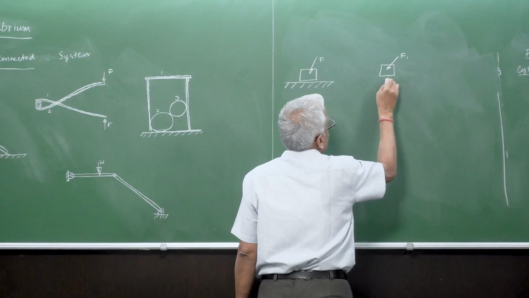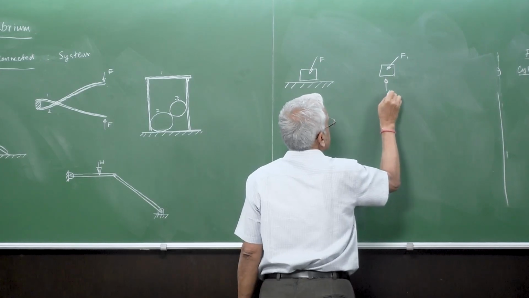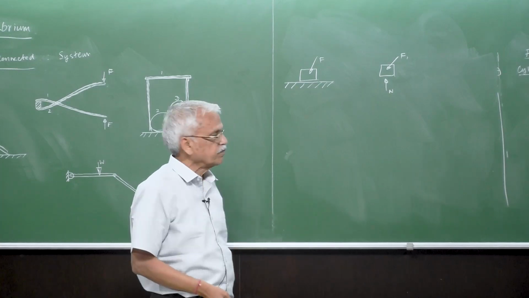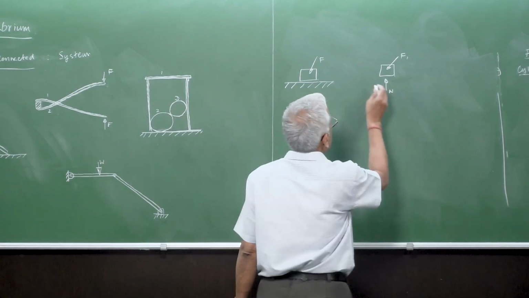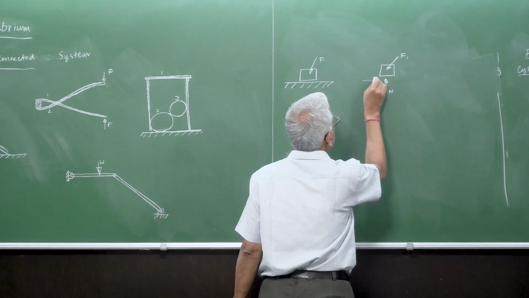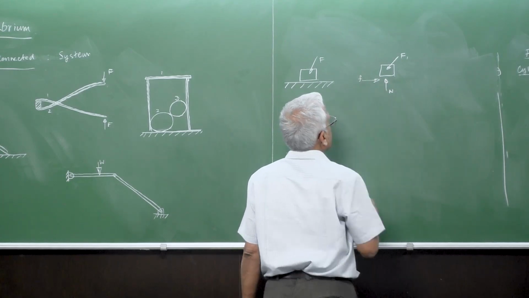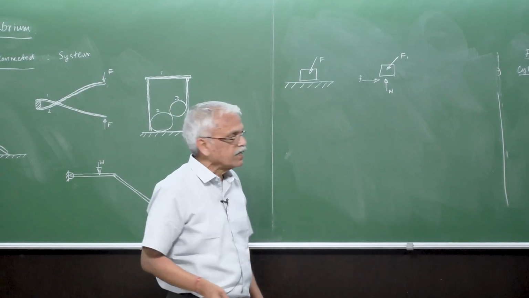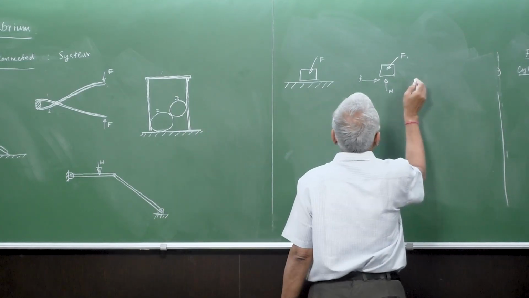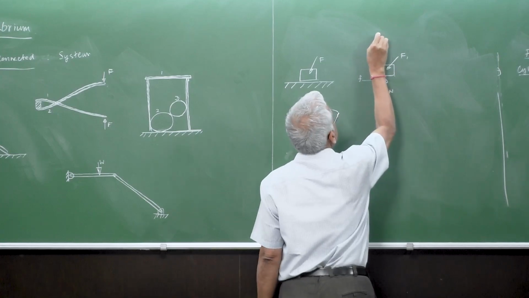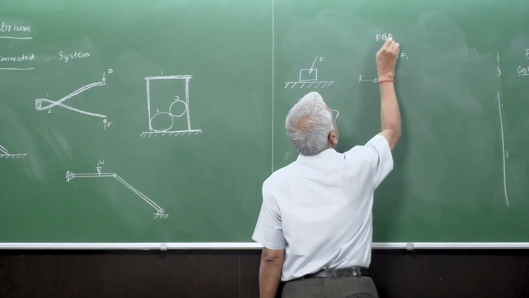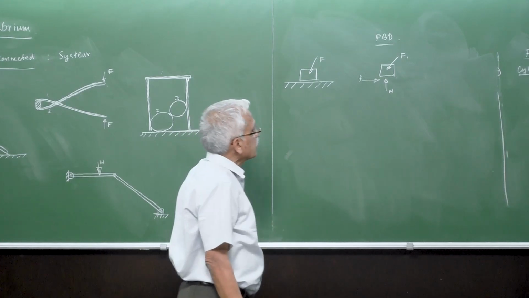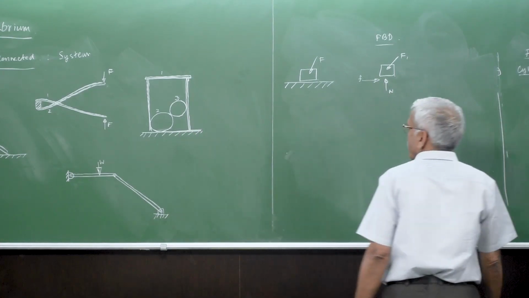So you know from your earlier analysis, earlier practice of this kind of problems. So if you isolate it, then we know that there is a normal reaction N, as well as there may be a friction, right? So this is a free body diagram again, right? So that is how.